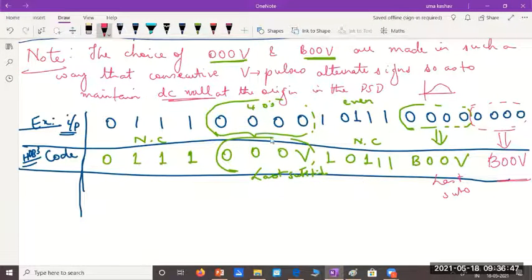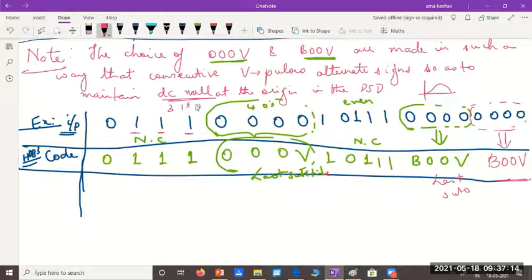Please try to count how many ones were there after your last substitution. So this was the last substitution here. After this, when I have an even number of ones, for the next substitution, I will replace the 4 zeros with the format B00V. Okay. And if I have an odd number of ones, in the first case here, 1, 2, 3, there were 3 ones.